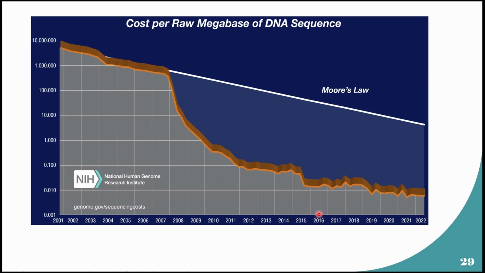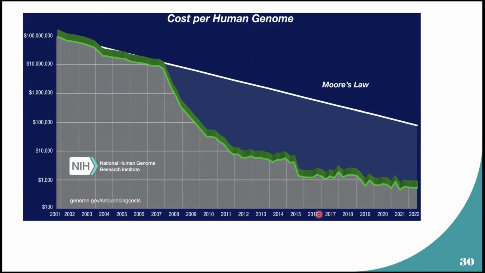The same thing is observed for the cost per human genome sequence, where at the beginning of 2001 there are a lot of zeros after the one in the dollar value. But where the plot ends, around 2022, you can sequence your genome for $1,000.